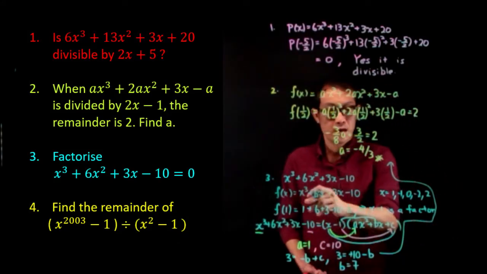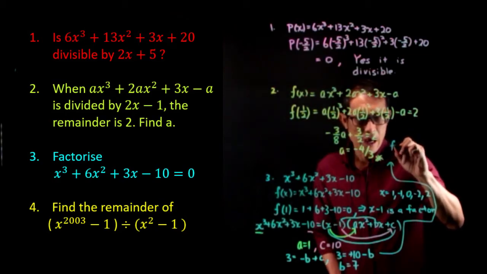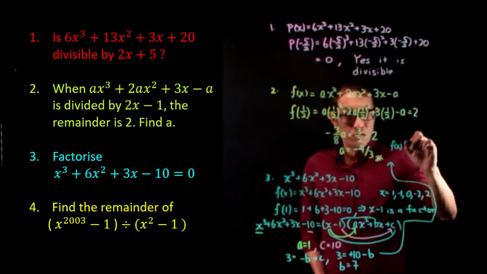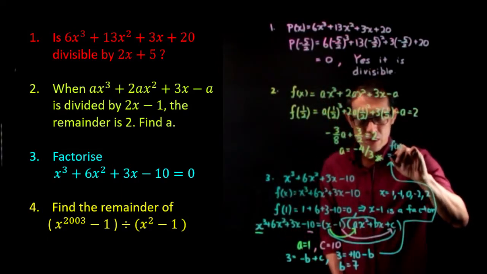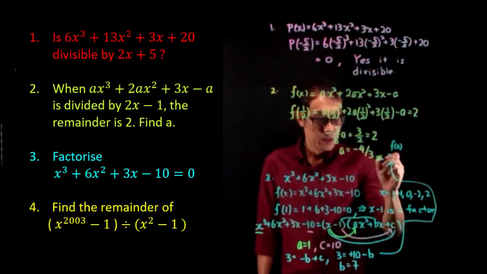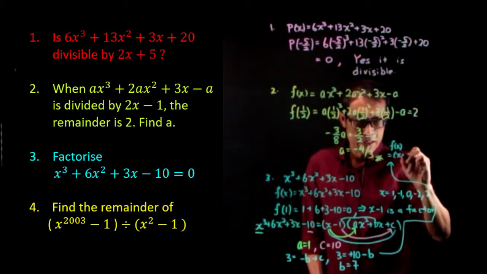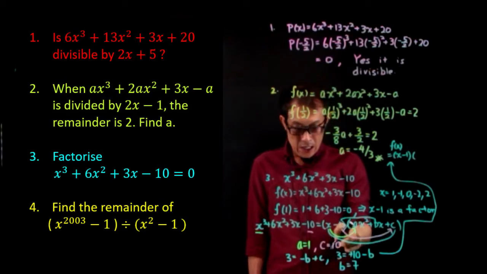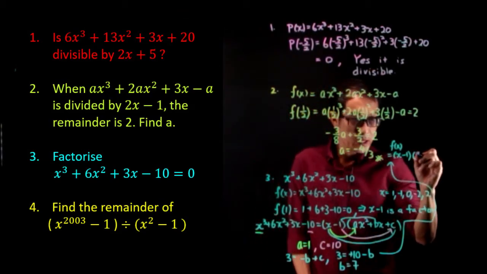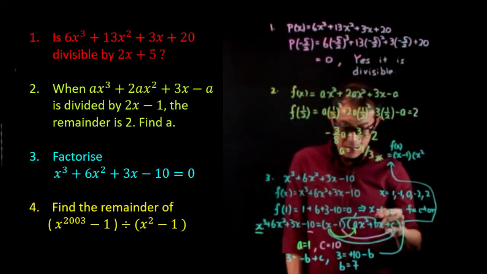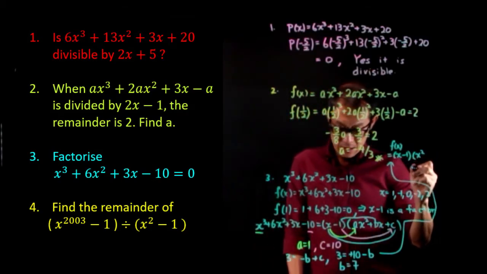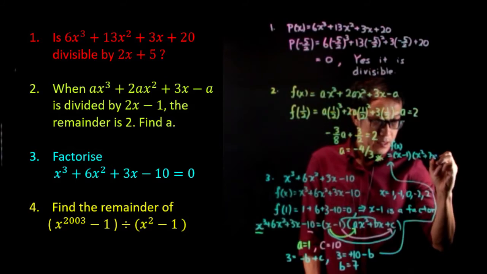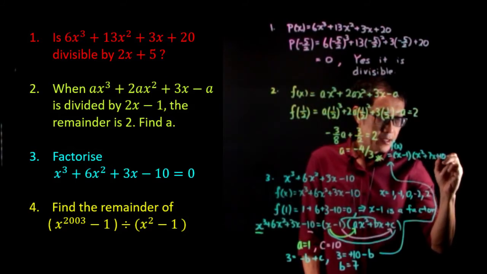Okay, so f of x is now equal to x minus 1 into, a is 1, so into x squared plus 7x plus 10, since b is 7 and c is 10.